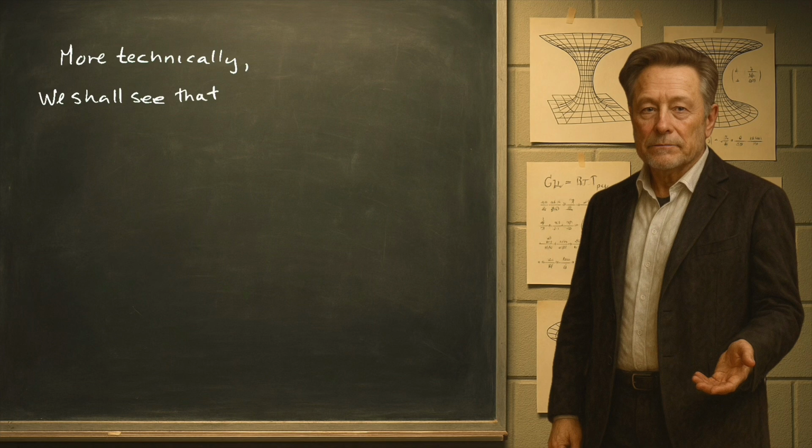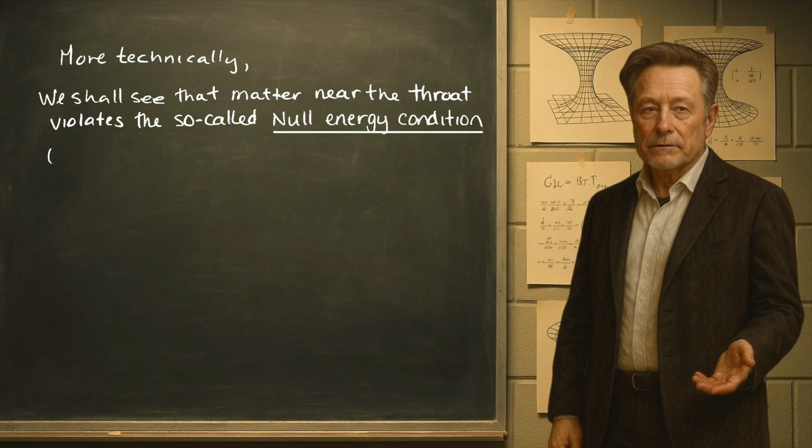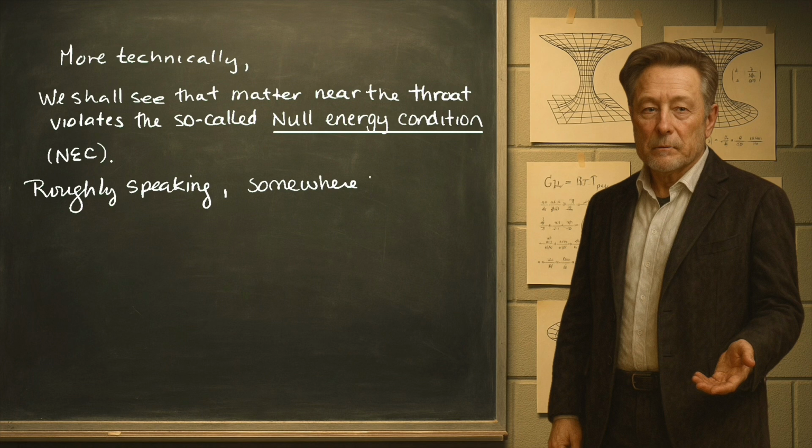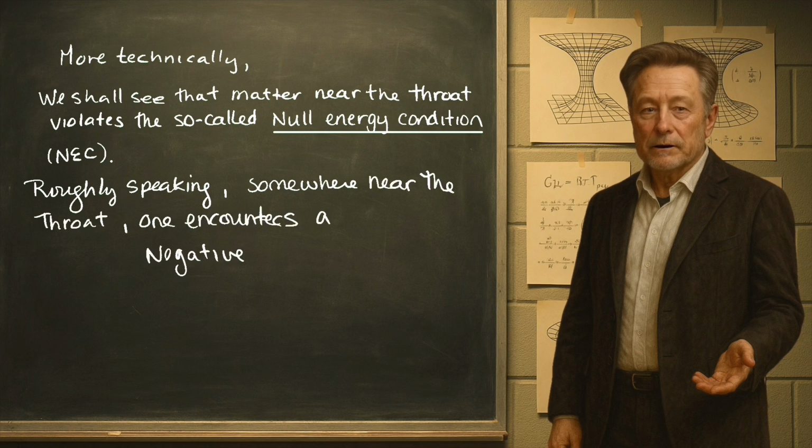More technically, we shall see that matter near the throat violates the so-called null energy condition, the NEC. Roughly speaking, somewhere near the throat of the wormhole, one encounters a negative energy density.